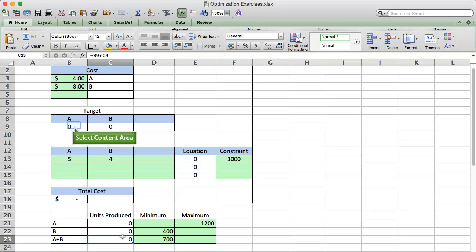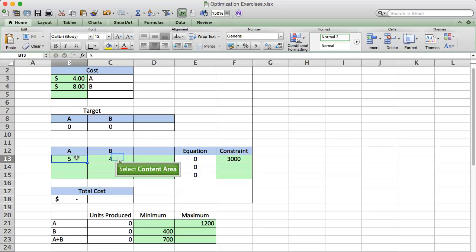And the sum of B9 and C9, in other words, the number of A plus the number of B, has to be at least 700. So our production constraints have been set up on our spreadsheet. We just have one more to go, and that is our time. 5 hours times the number of A plus 4 hours times the number of B has to be less than or equal to the total time available of 3,000 hours.